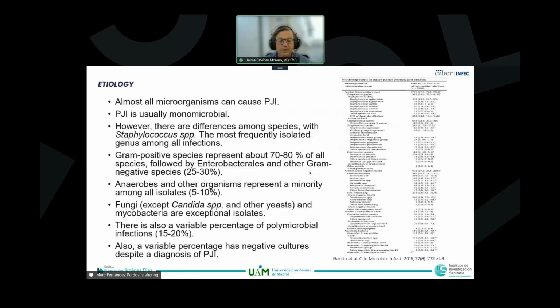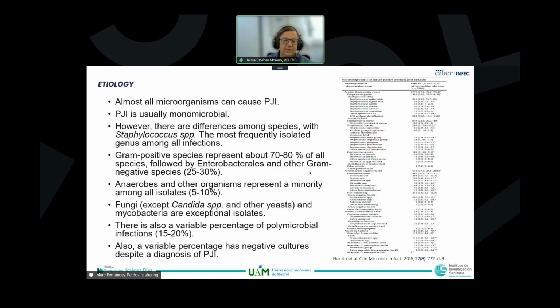One of the important problems that we have with prosthetic joint infections is etiology, because almost all microorganisms can cause prosthetic joint infections. It is well known that prosthetic joint infections are usually monomicrobial, and while almost all microorganisms can be the cause, there are some microorganisms that are more frequent than others.